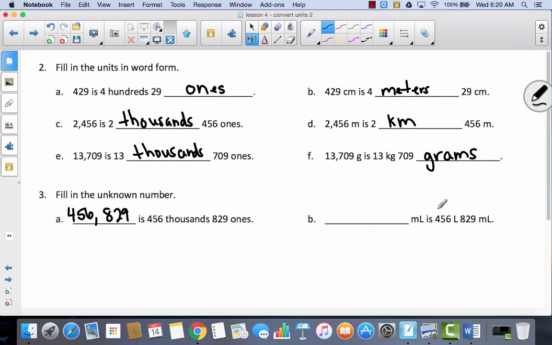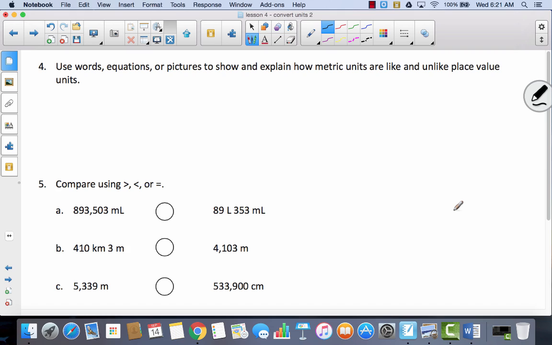So if I have 456 liters, 829 milliliters, how many milliliters is that? Well, it's 456,829 milliliters. So you can see how thousands and ones can relate to milliliters and liters, or kilometers and meters, or kilograms and grams.